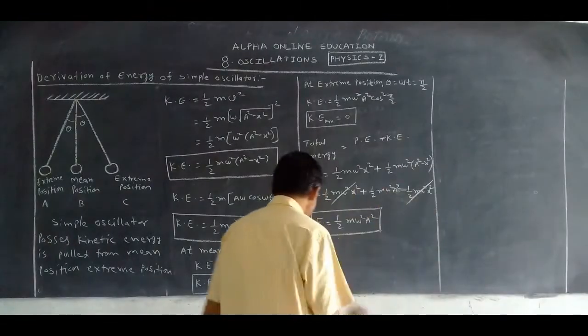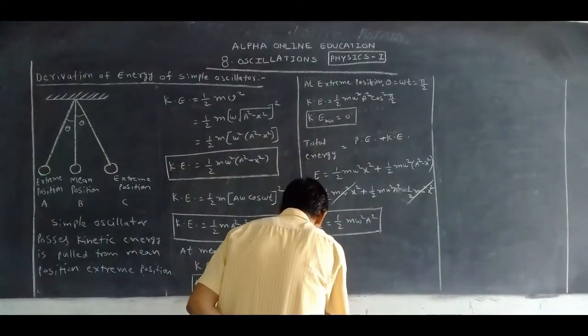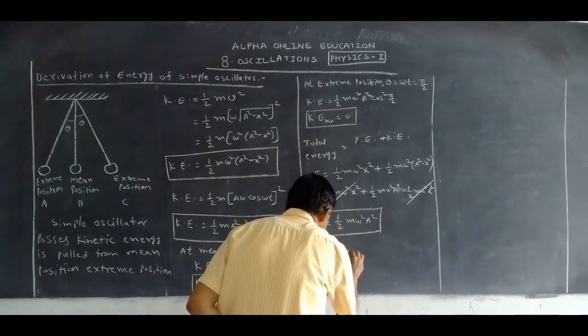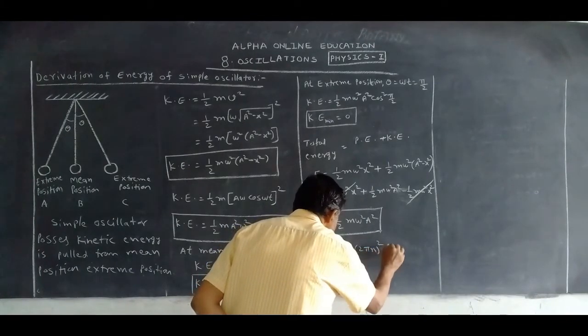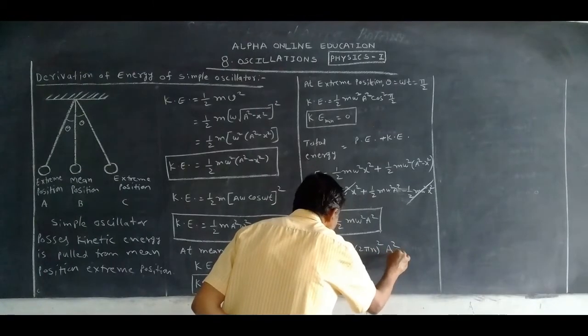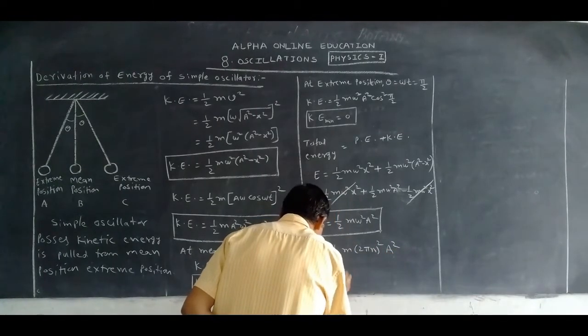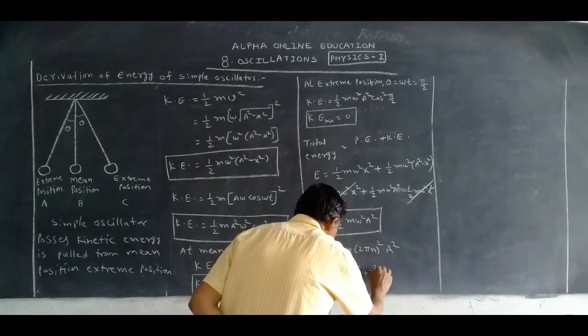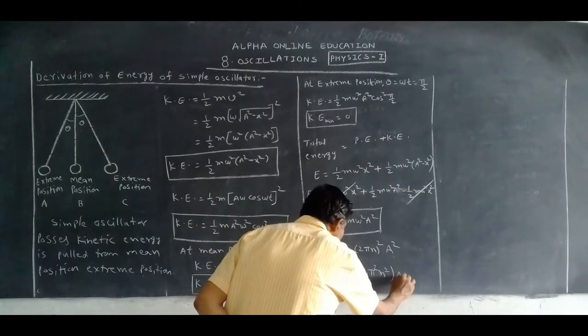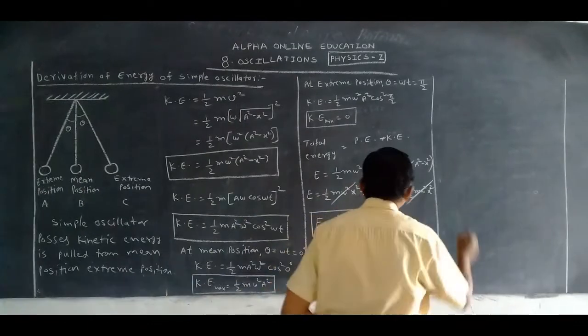Now here E is equal to half m. What is omega? 2 pi n. So E is equal to half m into 4 pi square n square a square.